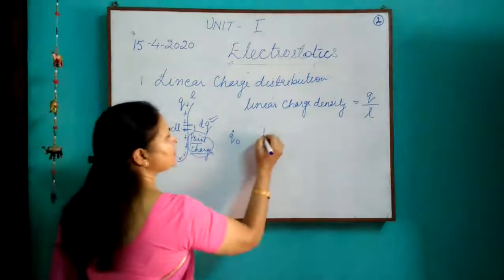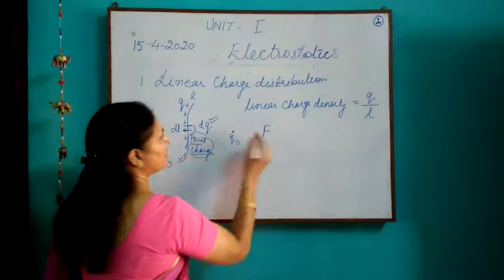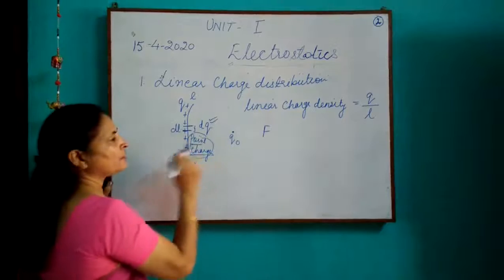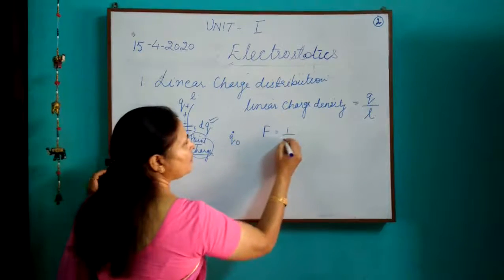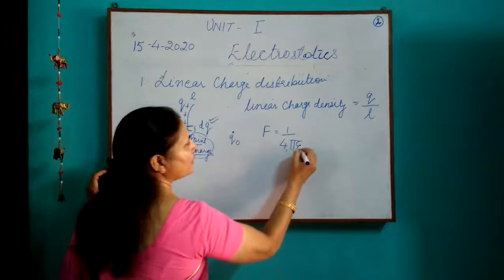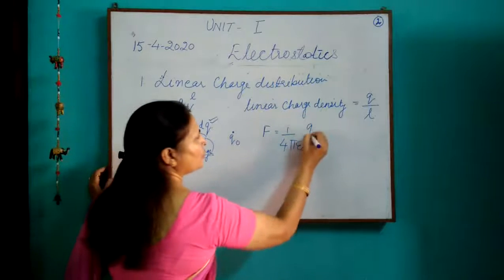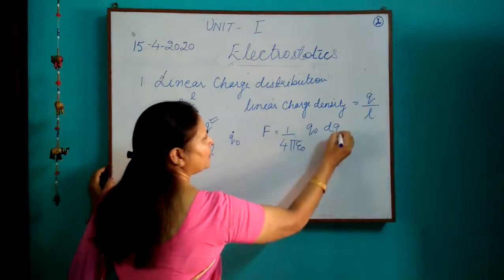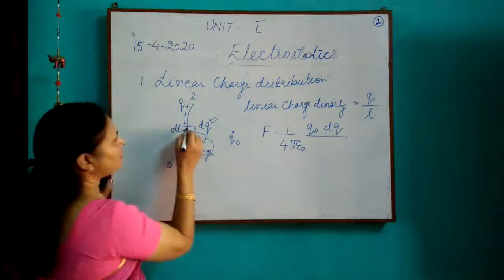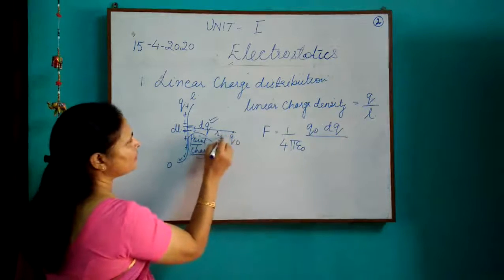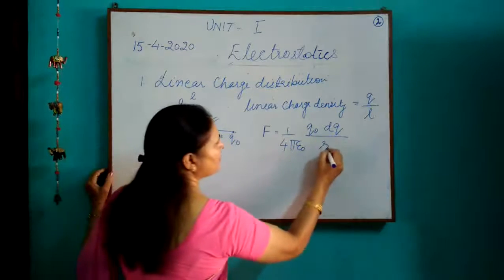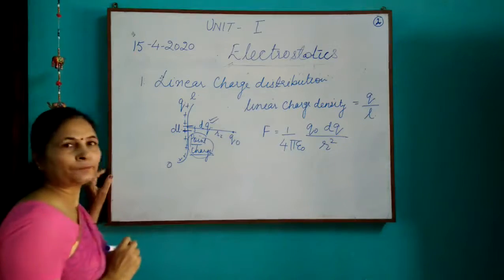So the force on charge Q naught because of this distribution will be equal to 1 by 4 pi epsilon naught q naught dq upon, say if the distance of this from q naught is r, then r square.